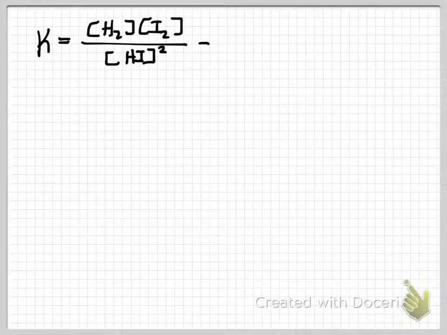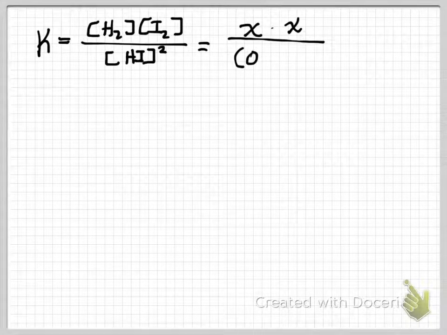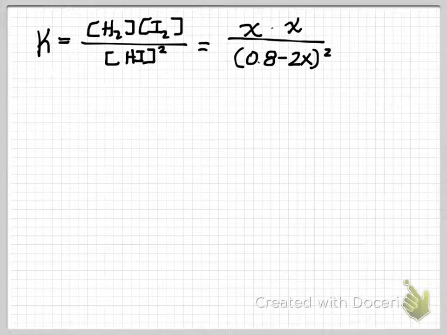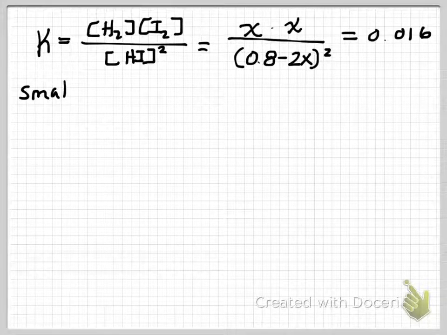And we can put in the expressions that we just developed, and that gives us x times x divided by 0.8 minus 2x squared, and that is going to equal K, which is 0.016.